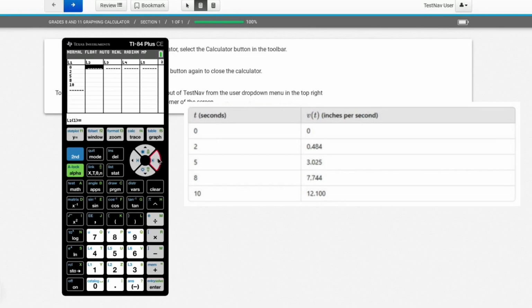So let's move to the right, and we'll put in those numbers, which was 0 again, 0.484, 3.025, 7.1, 7.744, and 12.100, which is just going to be 12.1.